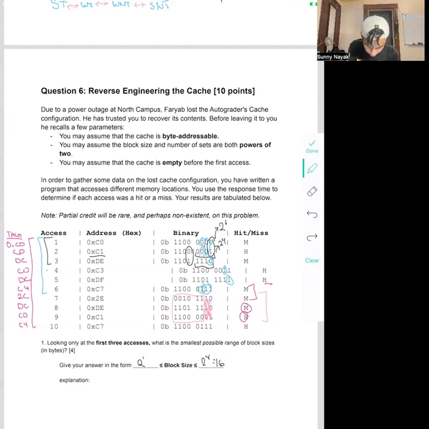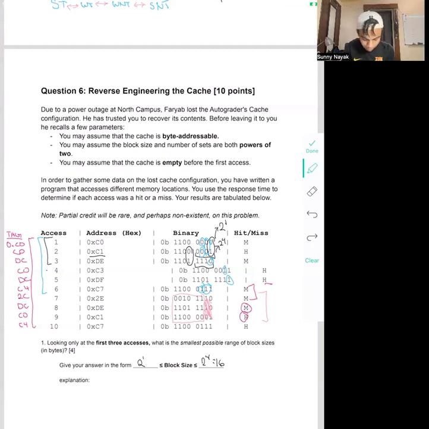However, if we look at these addresses, what we find is, what if we made just that third bit the set index, and all of the other bits were tag bits?